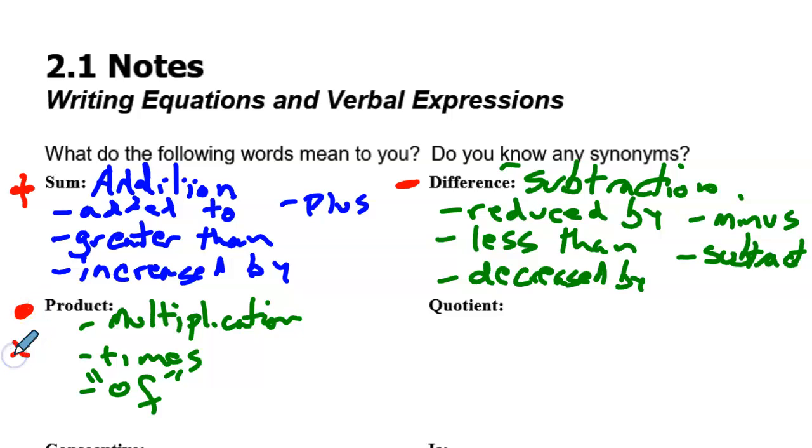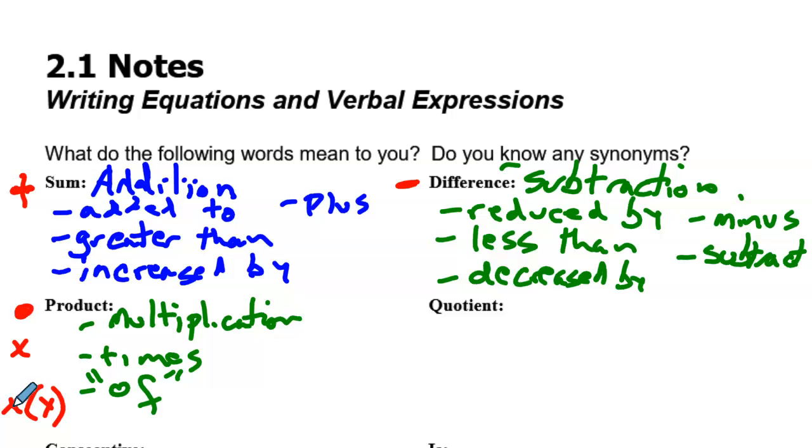Sometimes we're used to seeing a small x, but we try not to use that too often in here because it can get confused with the variable x. We also sometimes see just a number next to a parenthesis with something else in there. So that represents multiplication too. When there's no symbol between two variables, they're multiplied, or if there's a parenthesis and something in front of it, those are multiplied.